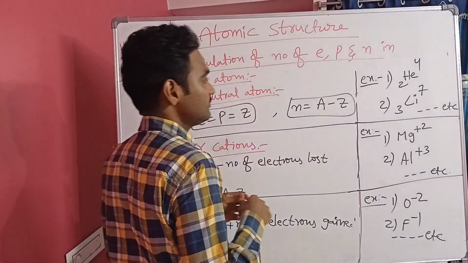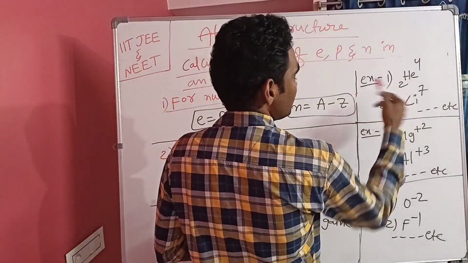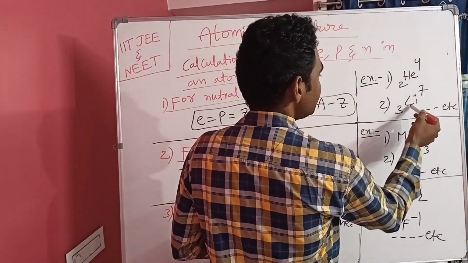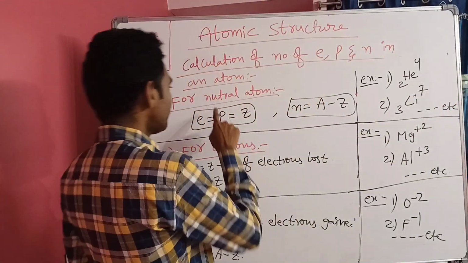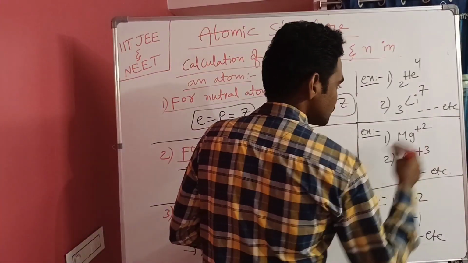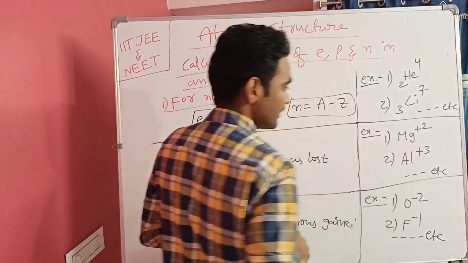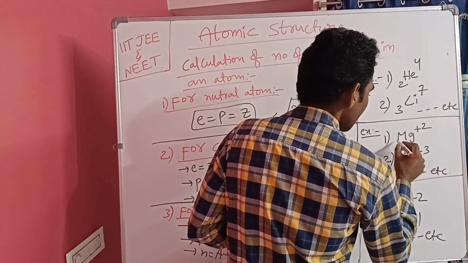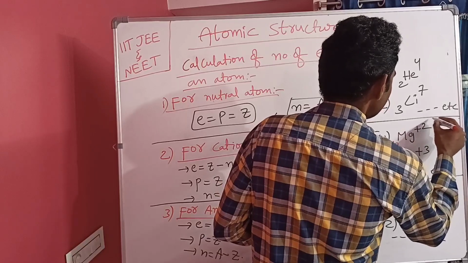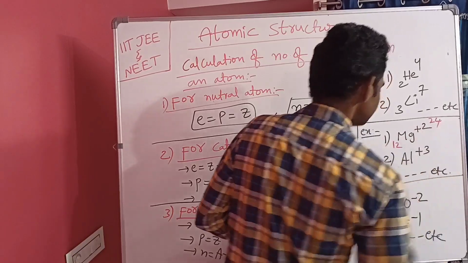Okay, next, at least you have to try these examples. For neutral atoms, you have to calculate the number of electrons, protons, neutrons present in helium 2, 4 and lithium 3, 7. Next, for cations, Mg plus 2 and Al plus 3. Mg plus 2 in the sense atomic number 12 and atomic mass number 24.